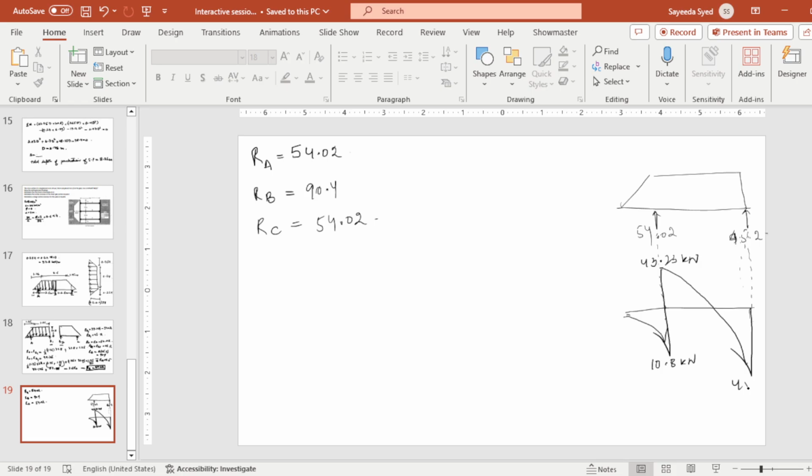And now what we want to do is find this point of inflection. You can calculate it for yourself. You will get x equal to 1.196 meters.